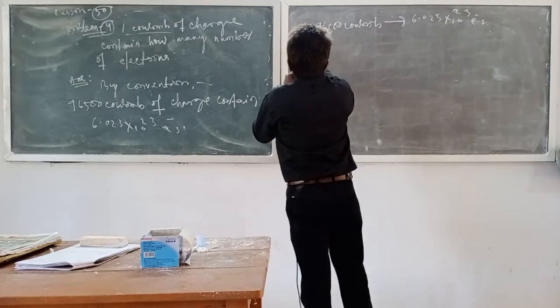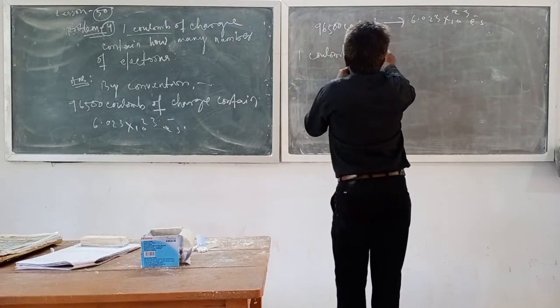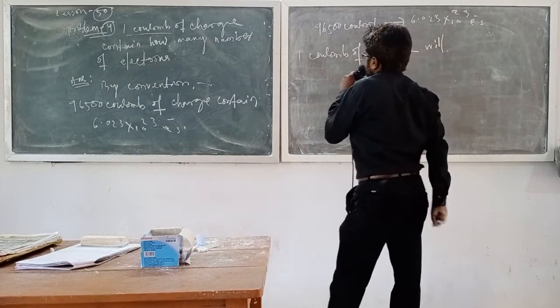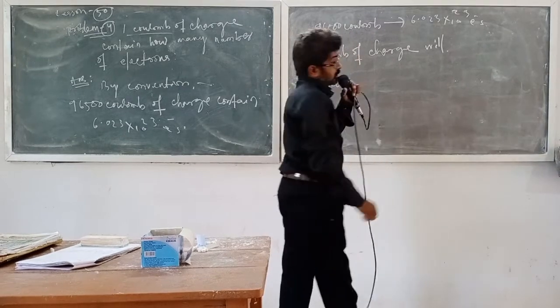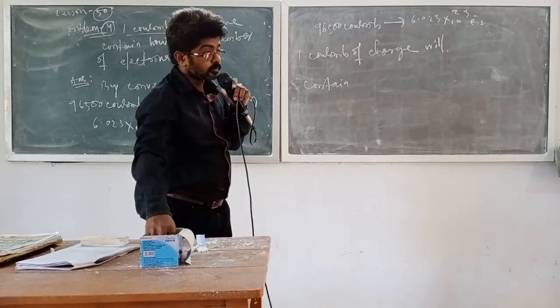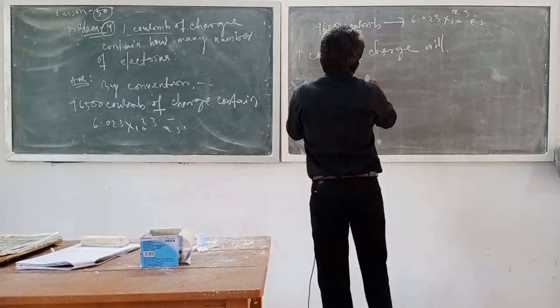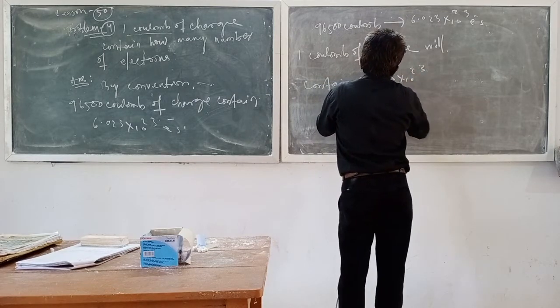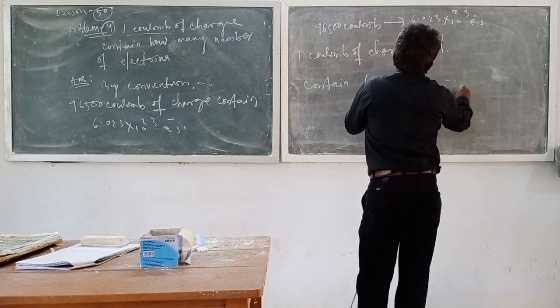So 1 coulomb of charge will contain 6.023 into 10 to 23 divided by 96500 electrons.